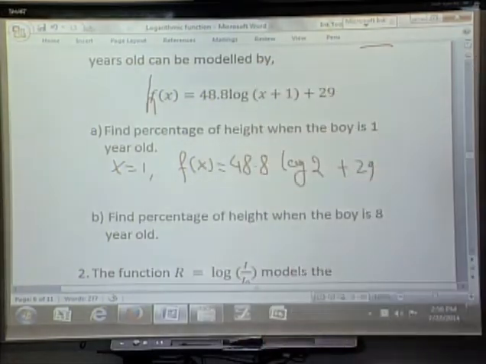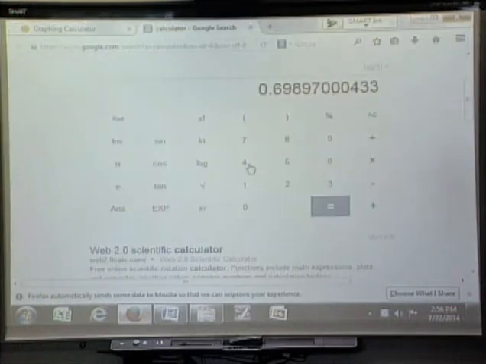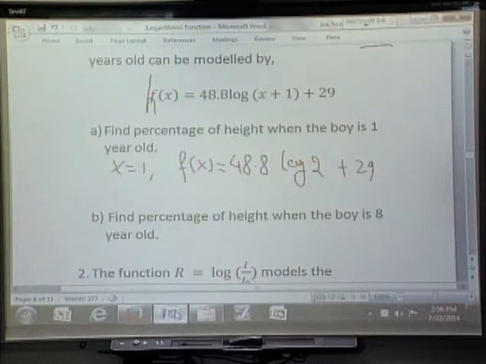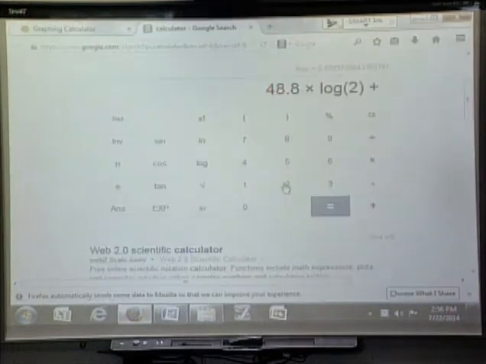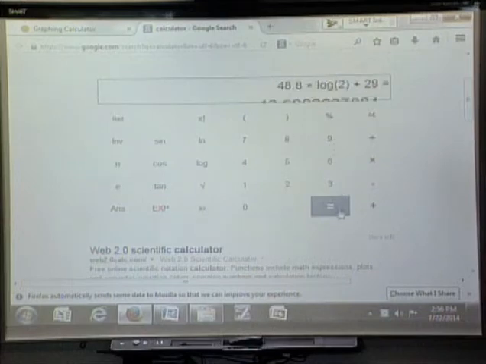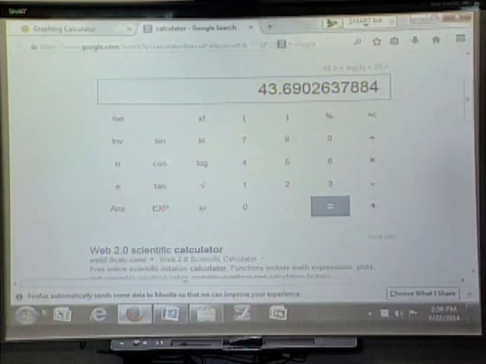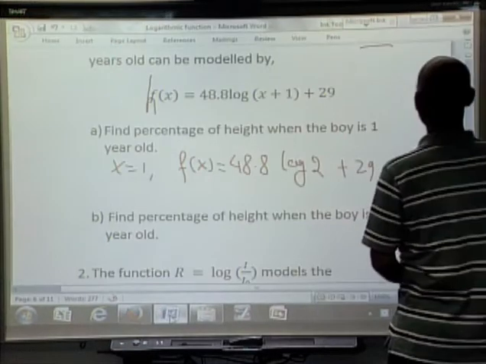Well, let us calculate this using the calculator. So, we have 48.8 times log of 2 plus 29.